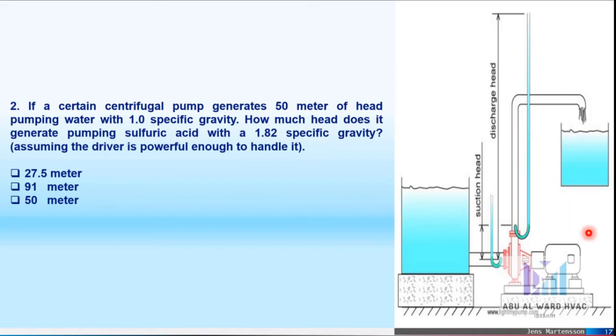The motor is powerful enough to handle it. The options are 27.5 meter, 91 meter, or the same 50 meter. So it will be less or more or the same.